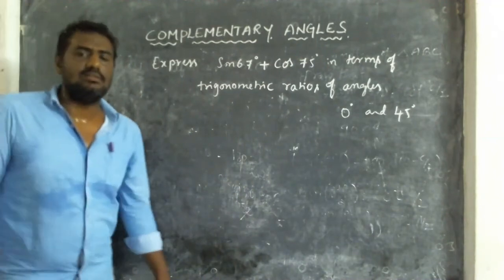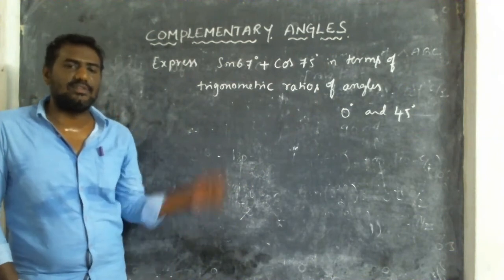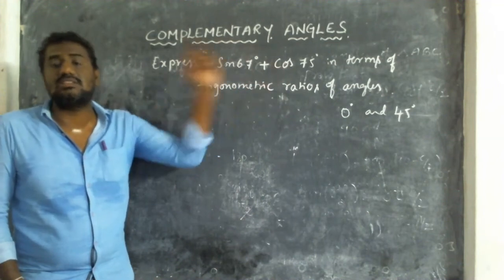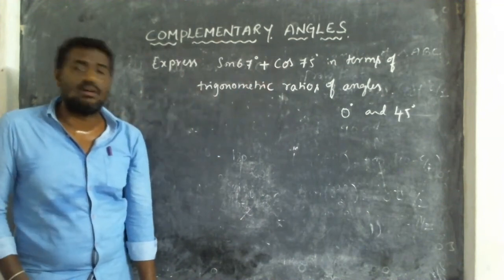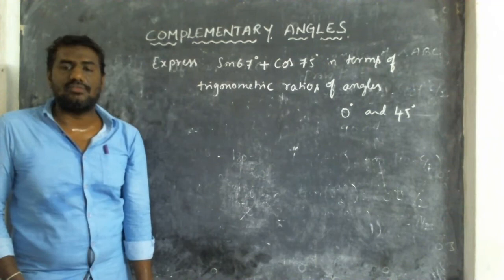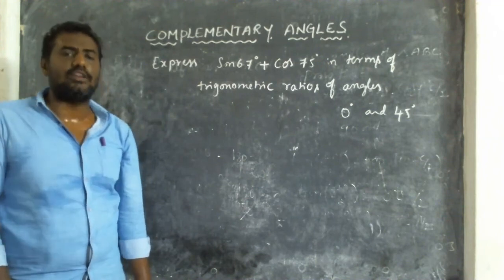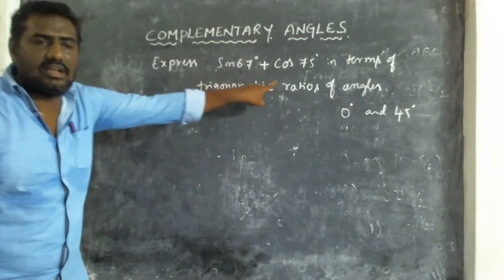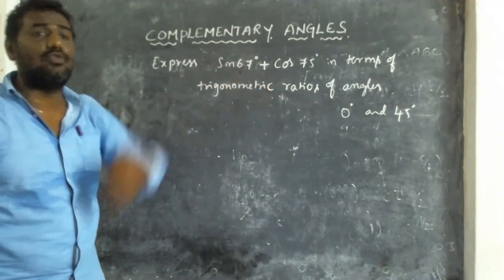So what is the question? Observe the question very carefully. Express sine 67 plus cos 75 in terms of trigonometric ratios of angles between 0 and 45. Now here two angles are there. One angle is 67, other angle is 75. Both of them are greater than 45.